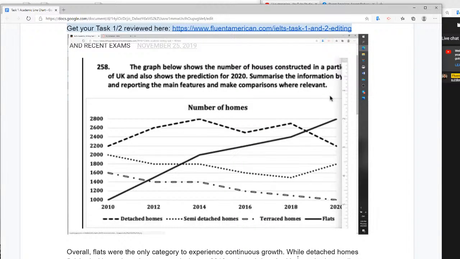Terraced homes had the worst performance, or maybe not the worst performance, had the most dramatic drop in.